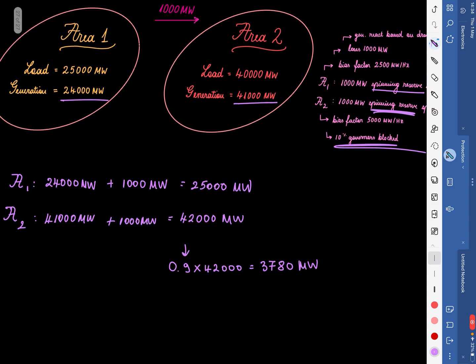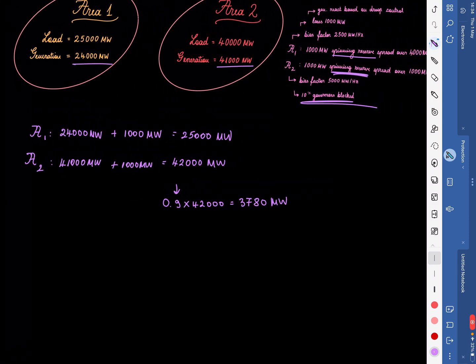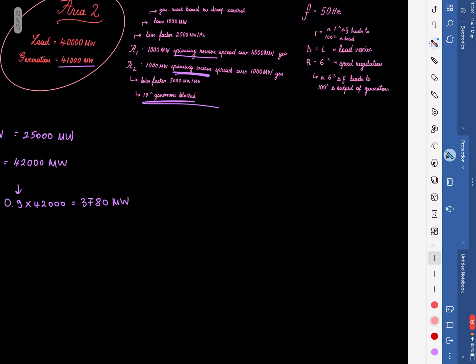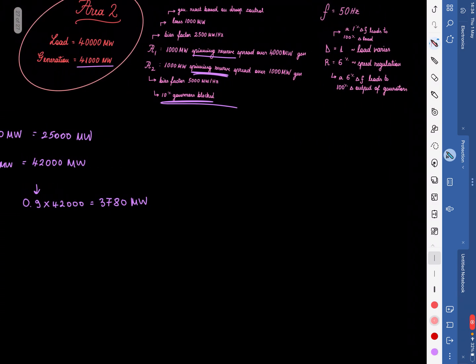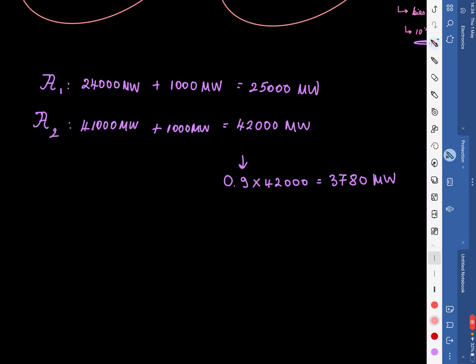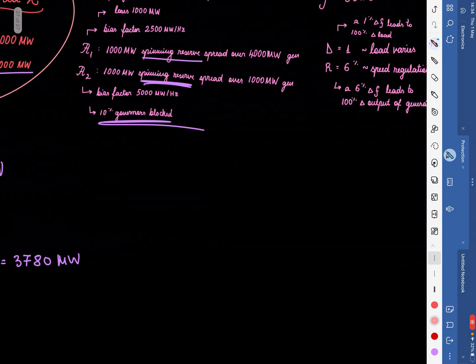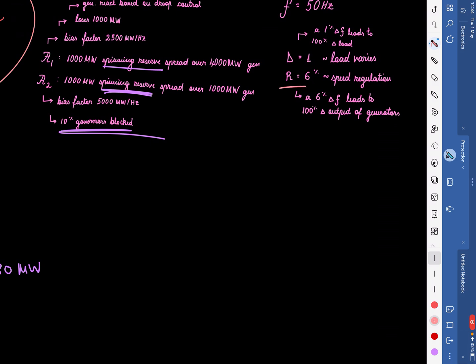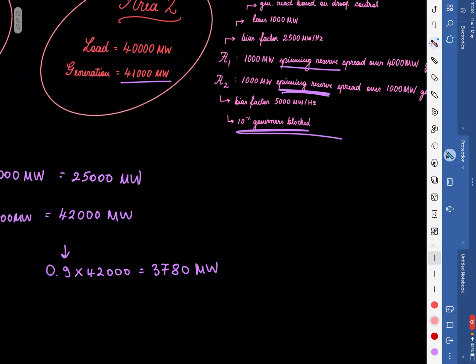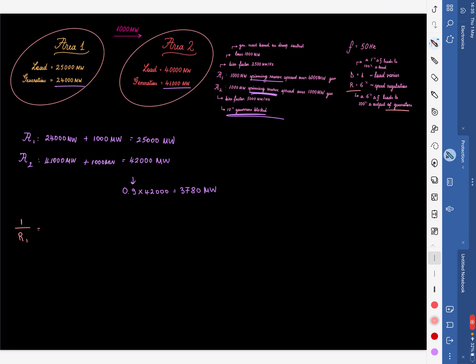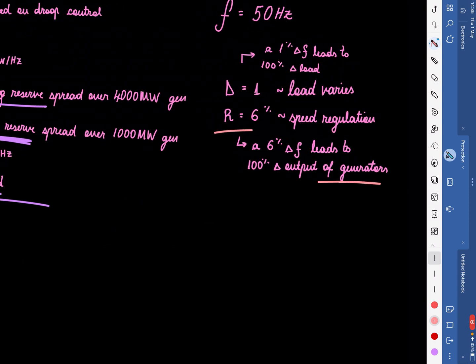So now we can find the droop response. So if you look here, droop response is 1 over R. So for area 1, it's going to be for regulation. So we're dealing with the generators. And it says that a 6% change in frequency leads to 100% change in output of the generators.